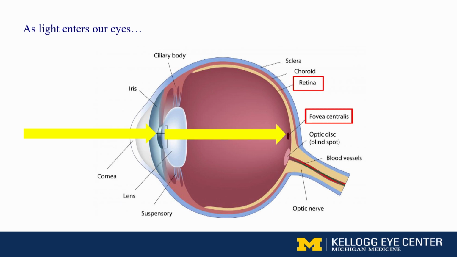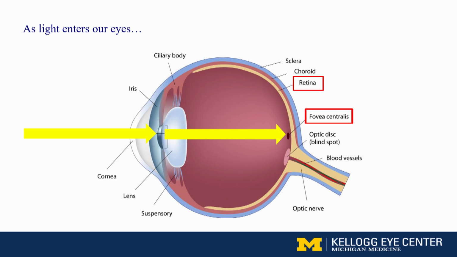The back layer of the eye generally is the retina, but there are parts of the retina that you may be familiar with, one being the macula, which is the center part of our vision, and then the very center of the macula we call the fovea, which is right here.